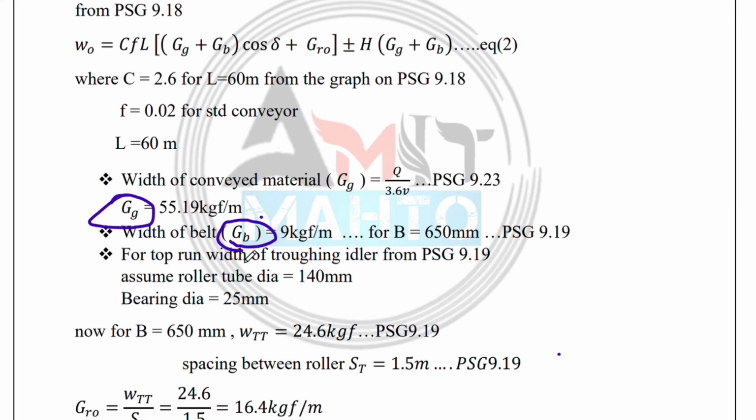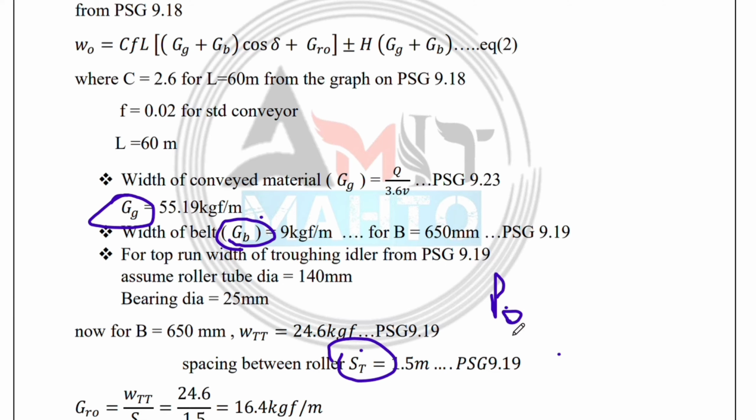We also found the value of spacing. Here we denote the spacing as ST, and in step number 7 we denote it as PO.